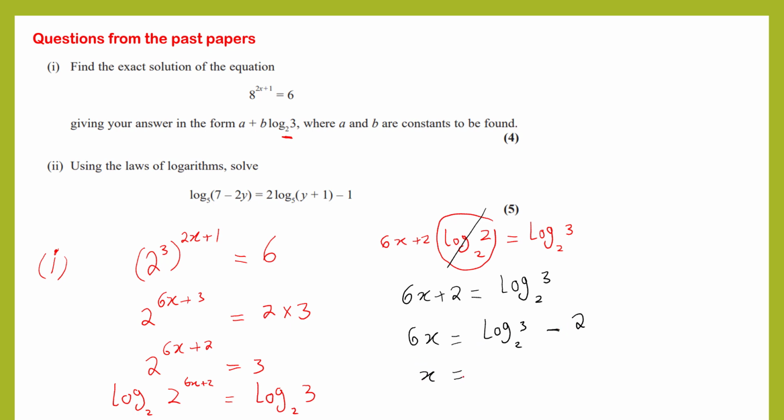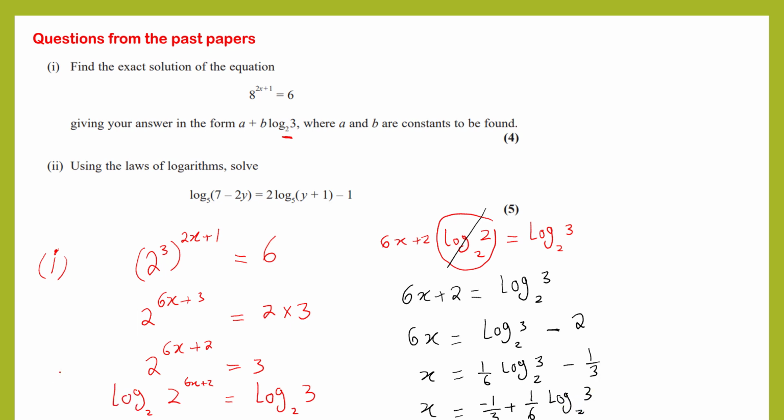So it will be x equals 1 over 6 log 3 base 2 minus 2 over 6, which would be 1/3. So it can be written as negative 1/3 plus 1 over 6 log 3 base 2.